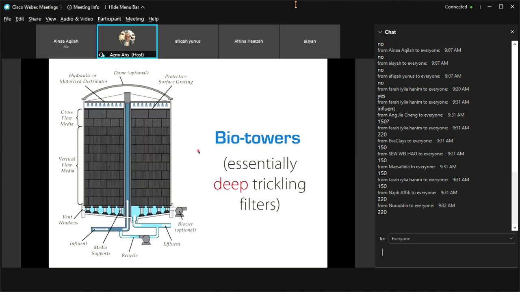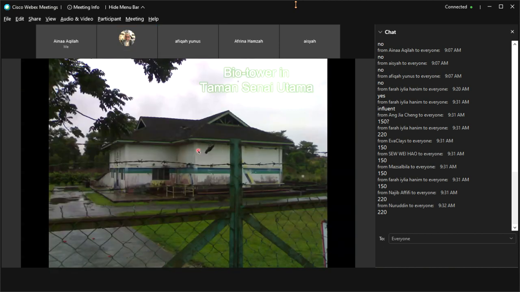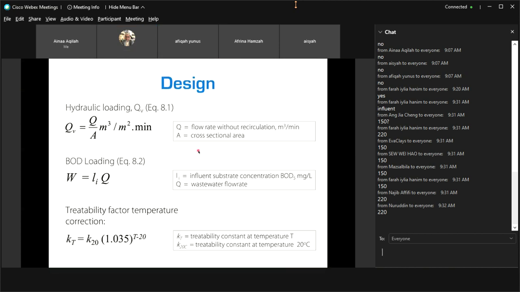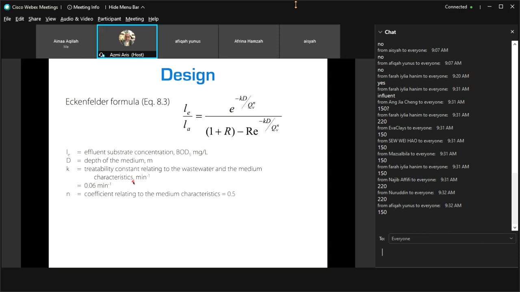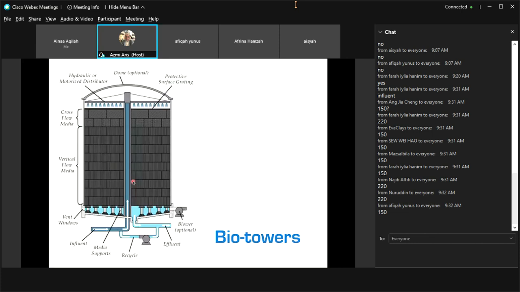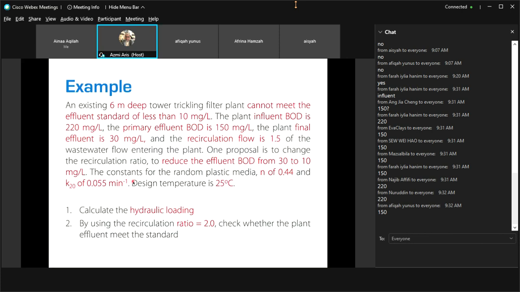And then it goes into the trickling filter. So LI, the influent substrate coming into it, should be 150. Okay, it should be 150 because this 150 gets into the bio tower.